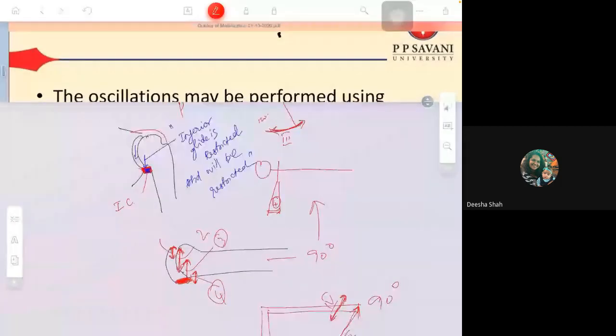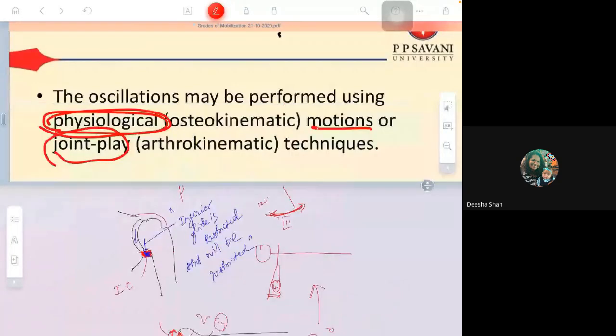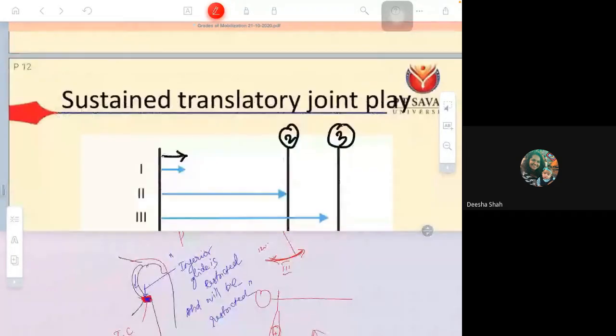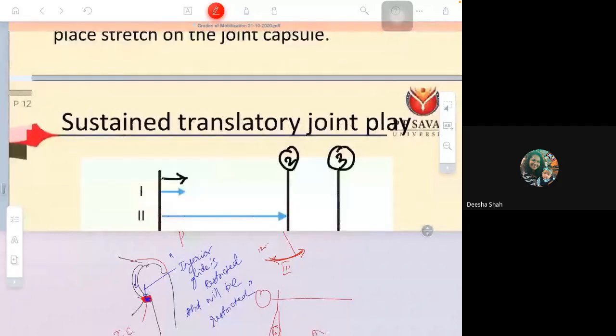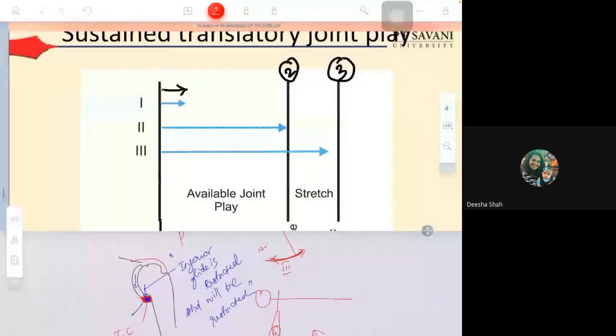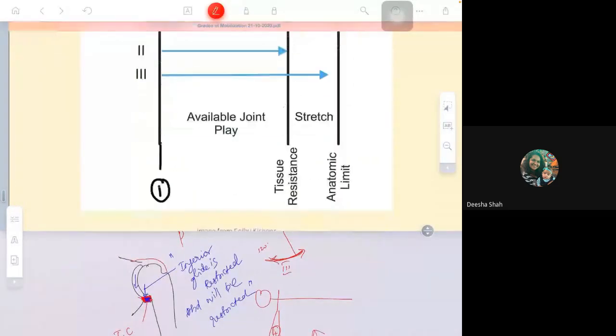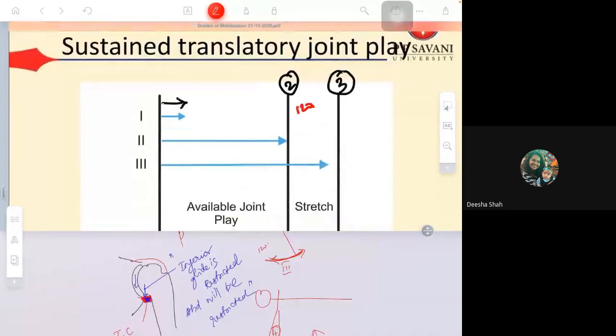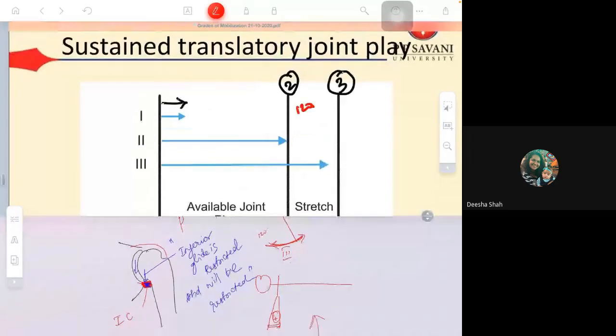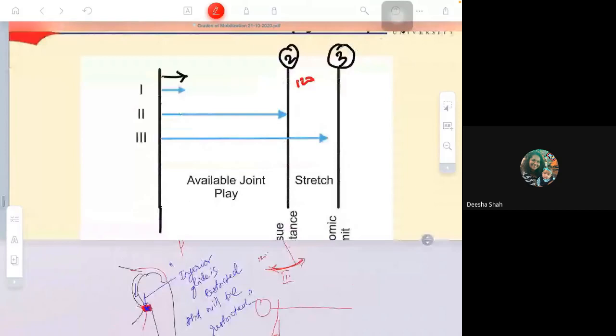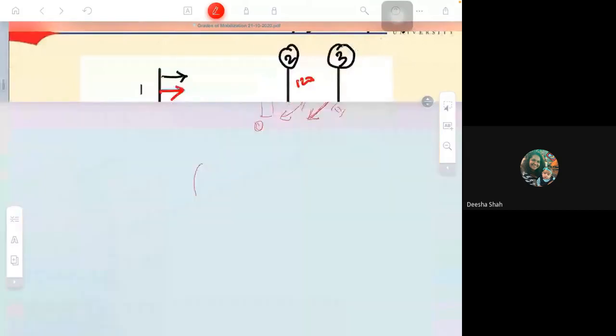So this is graded oscillatory technique. Sustained translatory joint play technique. Now same example we will take, but here it is 120 degrees. What is grade 1? This is the joint capsule.